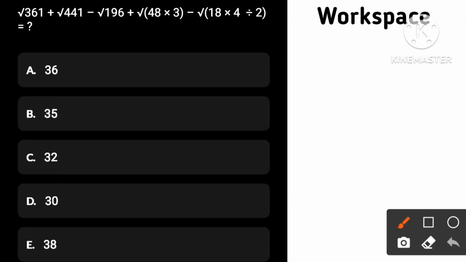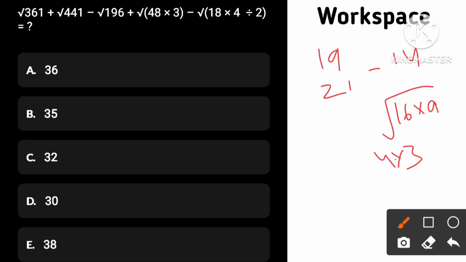Question number 5. Root over 361 means 19. 441 means 21 minus this will be 14. Root over 48 into 3 times. We can write this 48 as 16 into 3 times. 16 into 3 into 3 9 times under root. So 4 and 3.